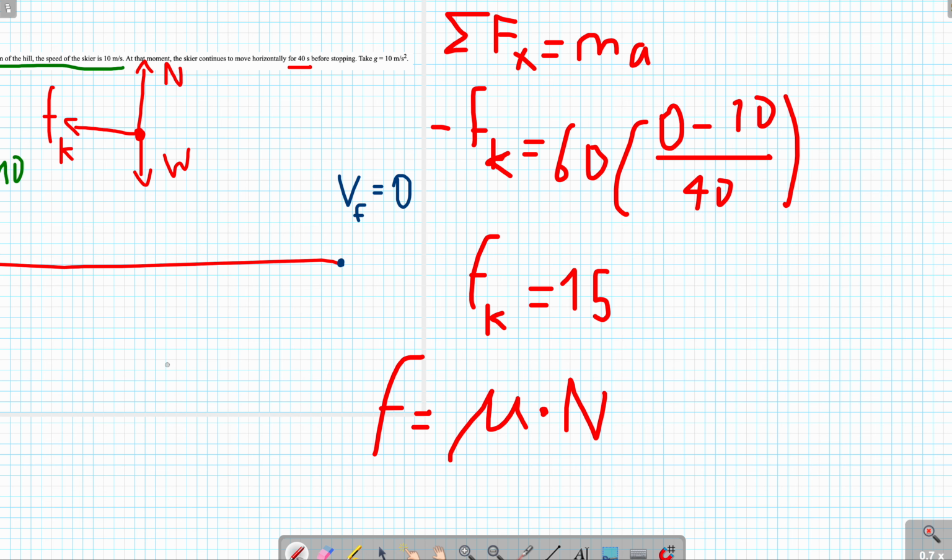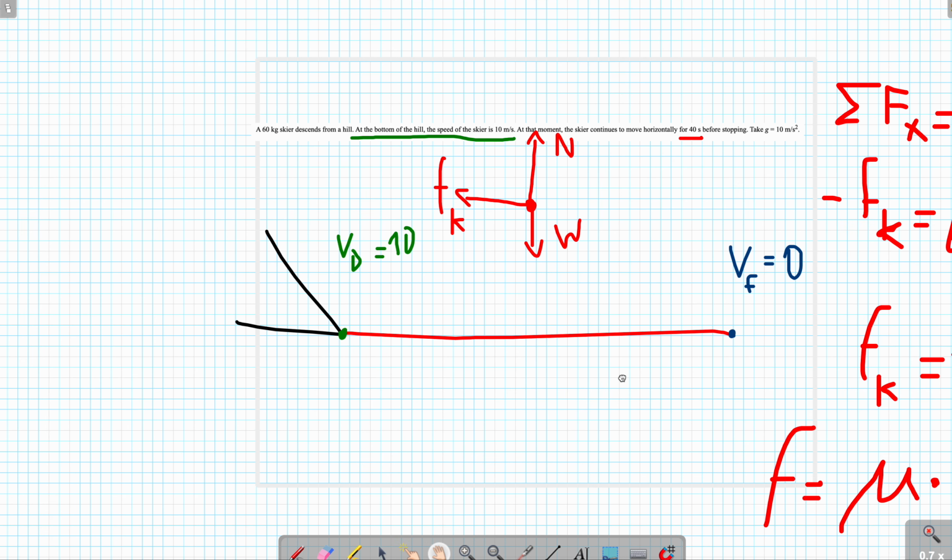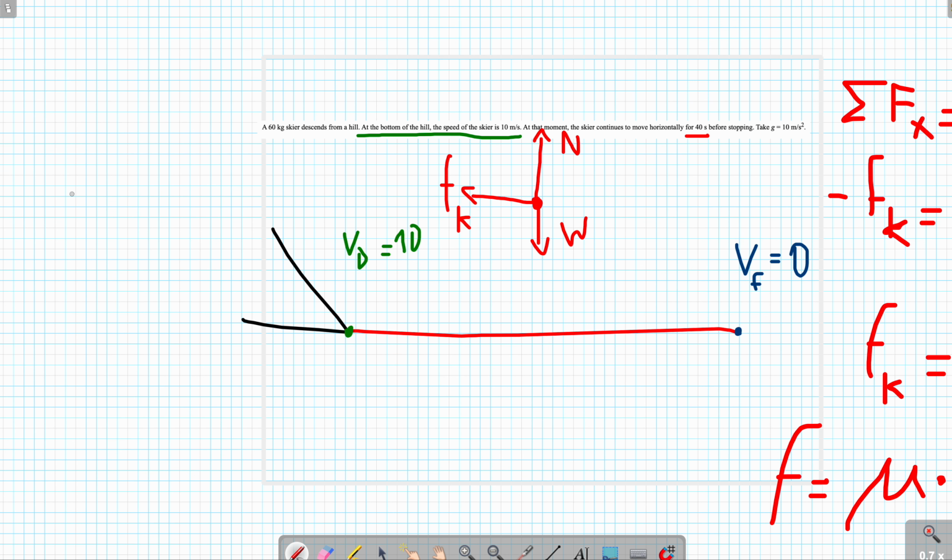But we need the normal. How do we find the normal? We're going to do sigma Fy is equal to 0. Since there is no acceleration in y, we can equate it to 0. So normal is equal to weight.